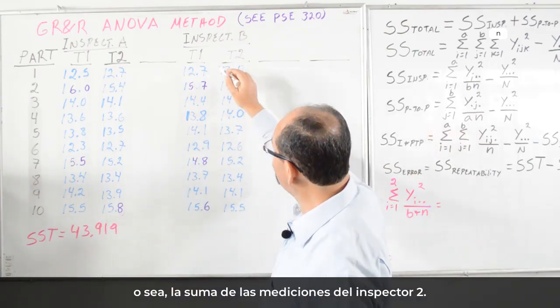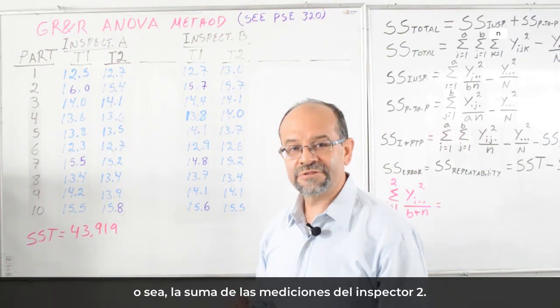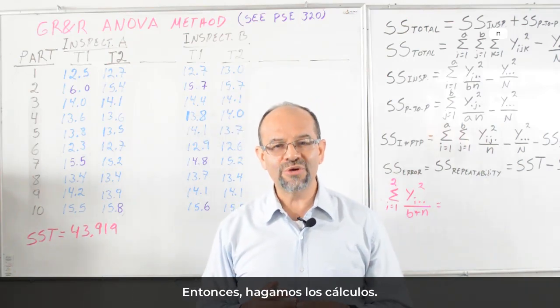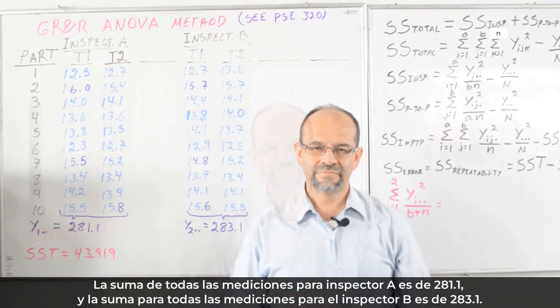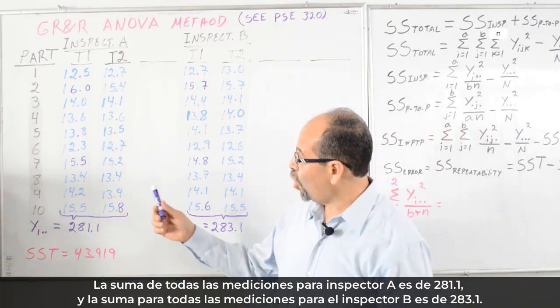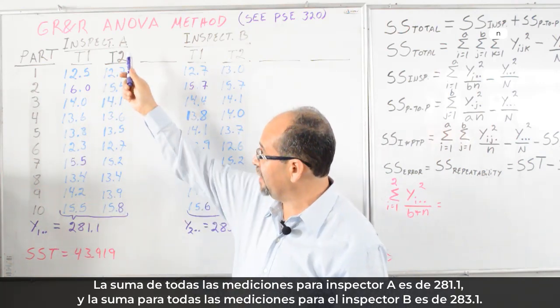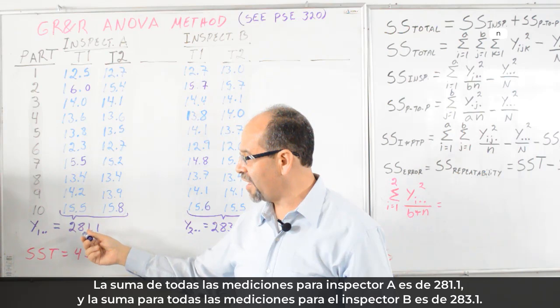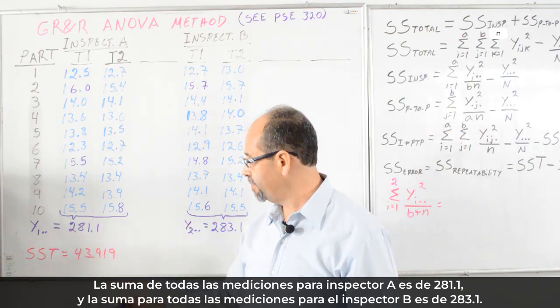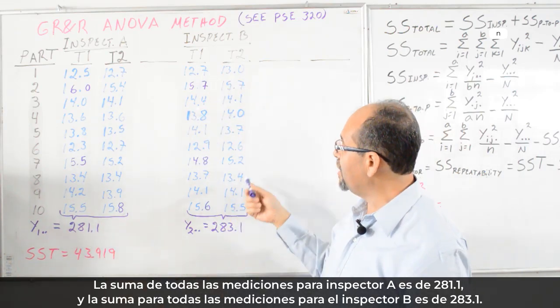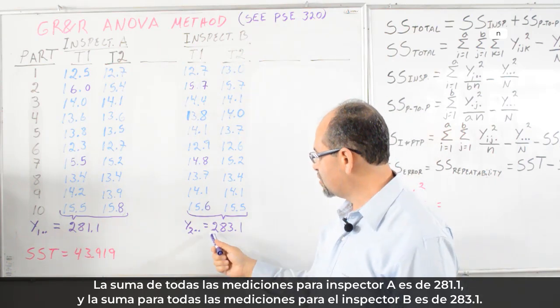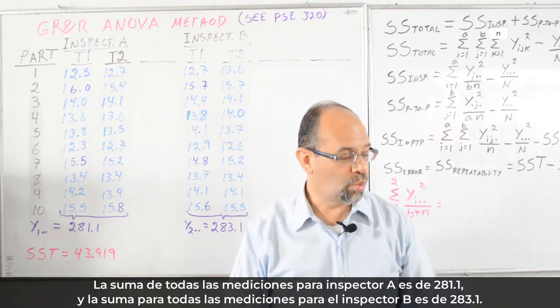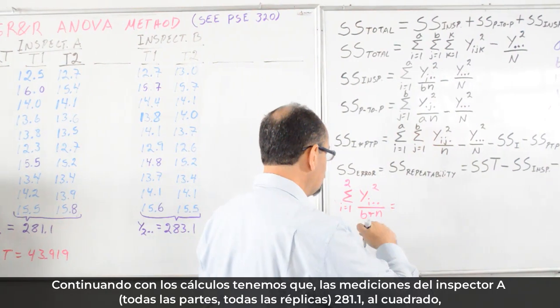And that will be the sum for all these trials. Well, let me do the calculations. The sum of all the measurements for inspector A is 281.1. The sum of all the measurements for inspector B is 283.1.